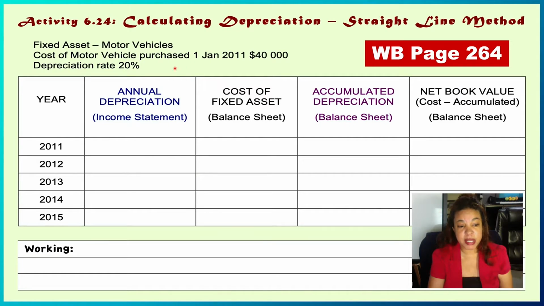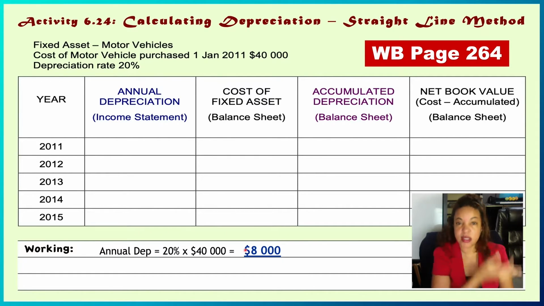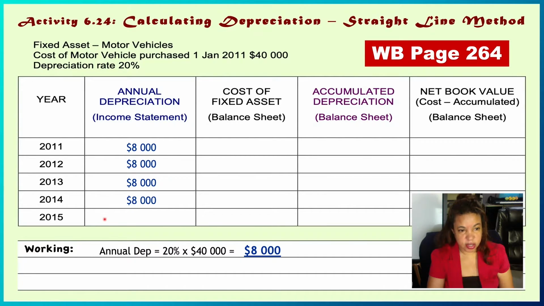Since they gave us a percentage, that means that the working will be 20% multiplied by $40,000, which will give you $8,000. So this will be your annual depreciation for the period, every single year, since it is the straight line method.